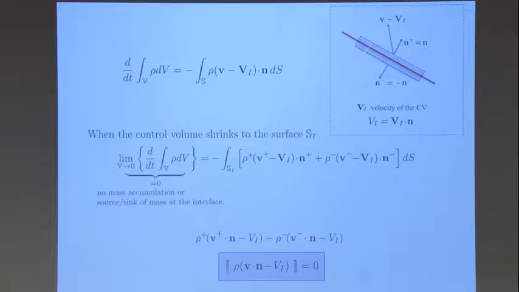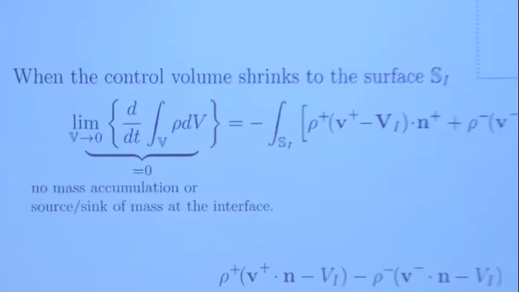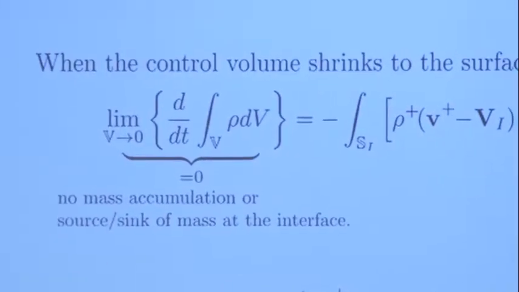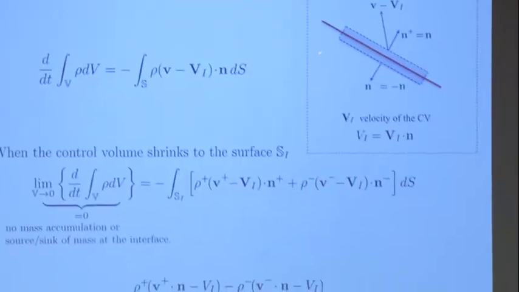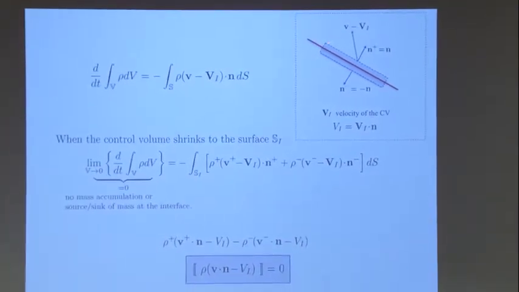Now let's take the limit when the volume goes to 0. When the volume goes to 0, since the assumption is no mass is accumulated in that interface, then the volume V goes to 0, that term in the limit goes to 0. And what happened to this surface integral? Well, the surface has four boundaries, right?